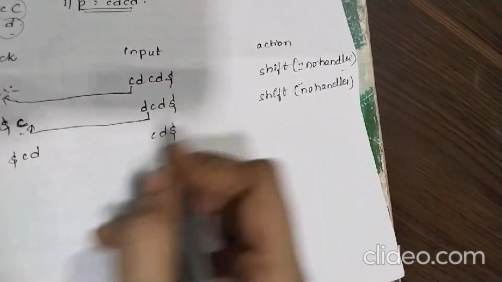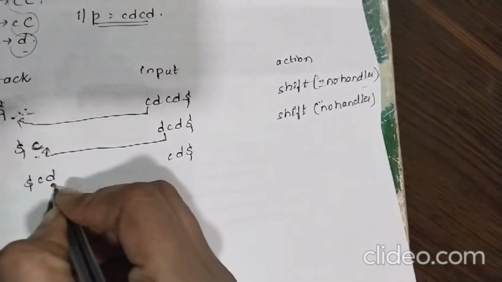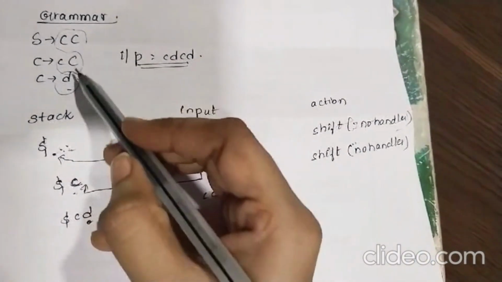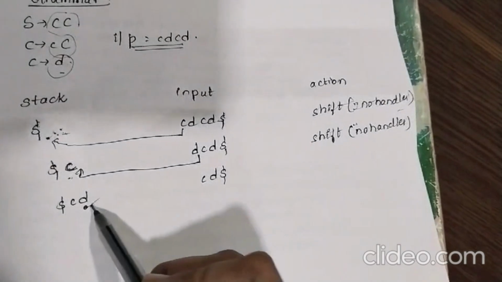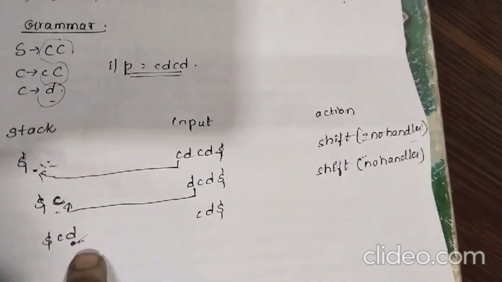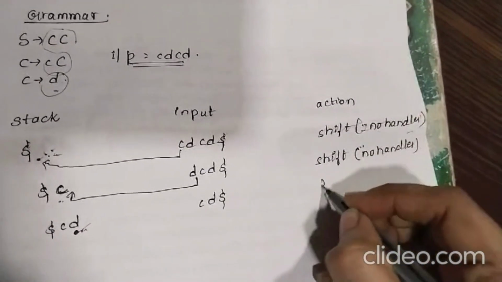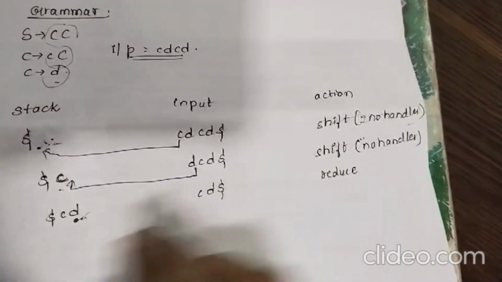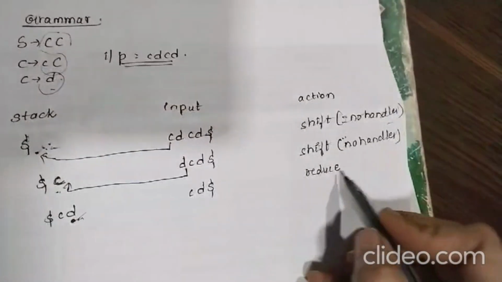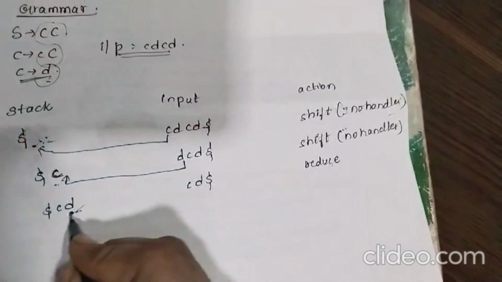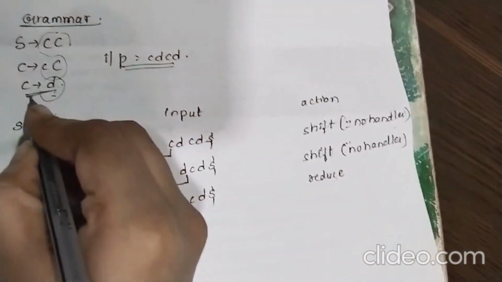Okay. Now check first element. Is D present in the RHS? Is this D present in the stack? There, right? So if the RHS elements are there in the stack, then you perform reduce. Okay, reduce. By which action are we doing it? Reducing this D, from where is it deriving? From this only, right?